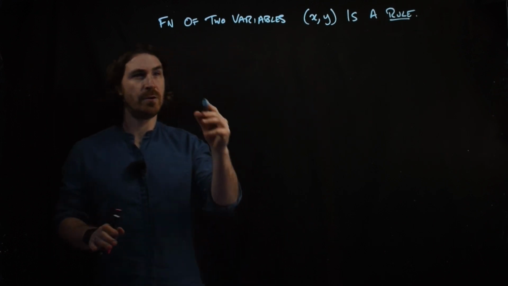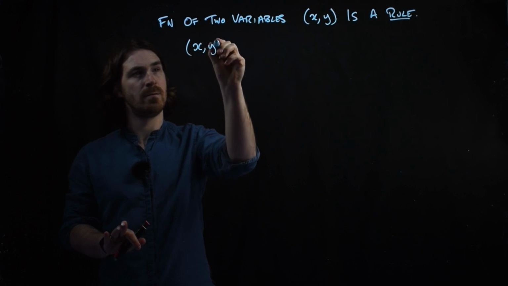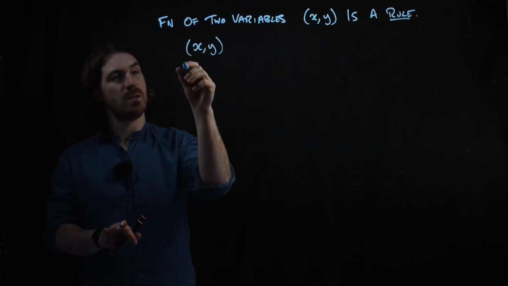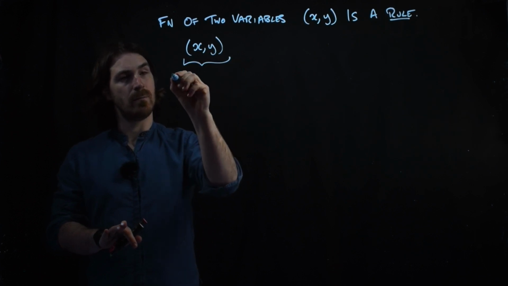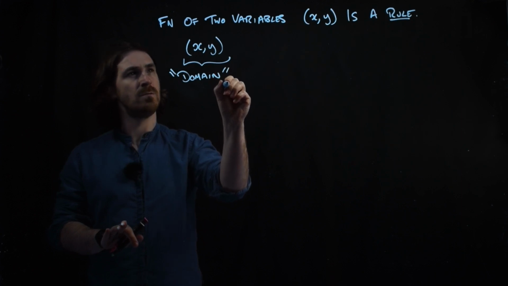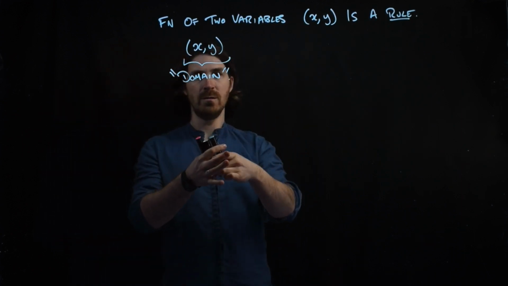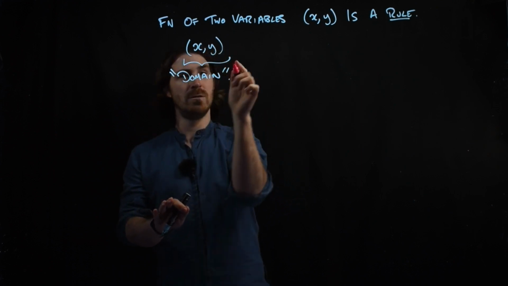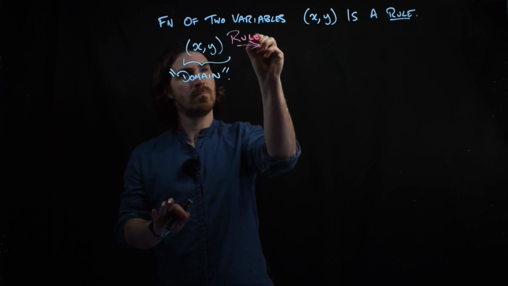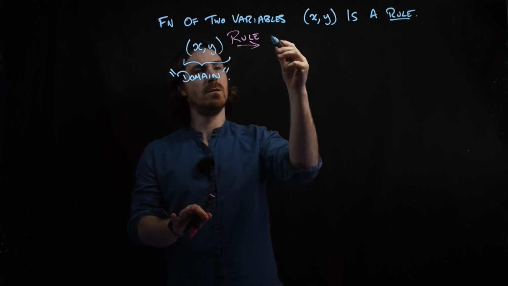The rule takes the values of x and y, and the possible values that they can take are specified by what's called the domain of the function. It takes these two, it applies the rule, and we get a result that we call z.